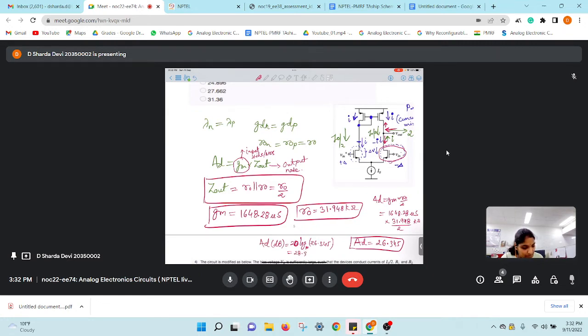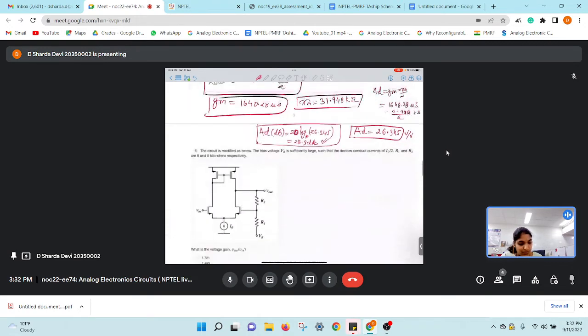Generally we report gain in dB. That is the convention mostly used. This gain is in volt by volt form, but mostly gain is reported in dB. That is the common practice.